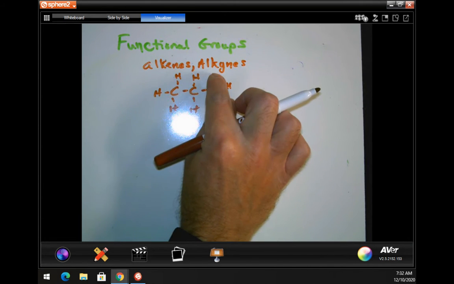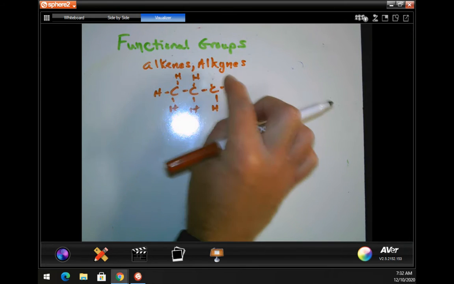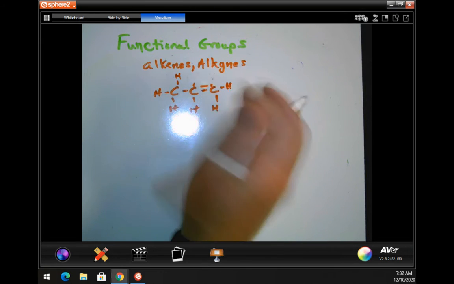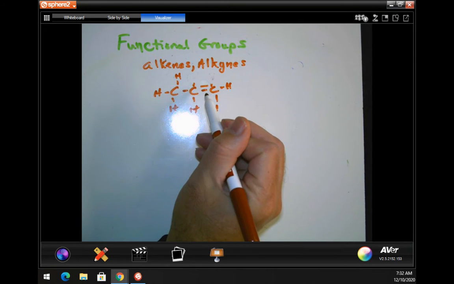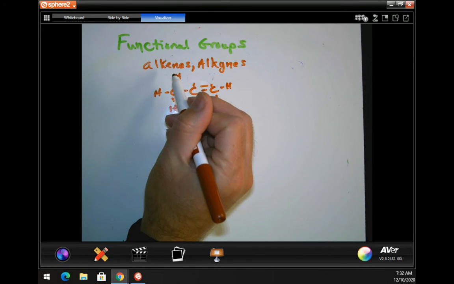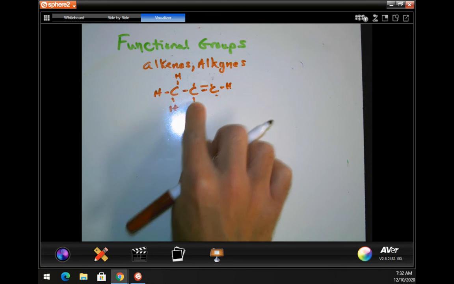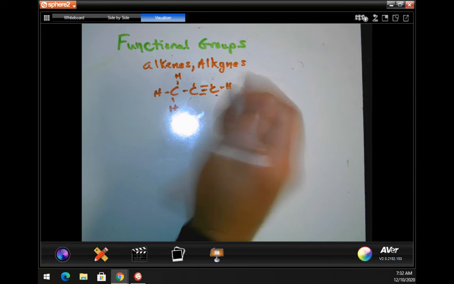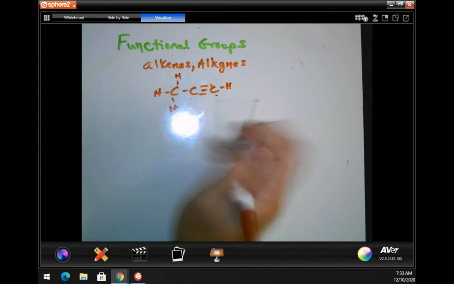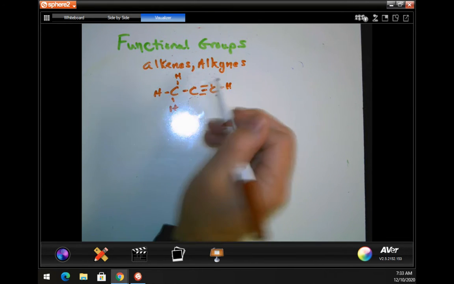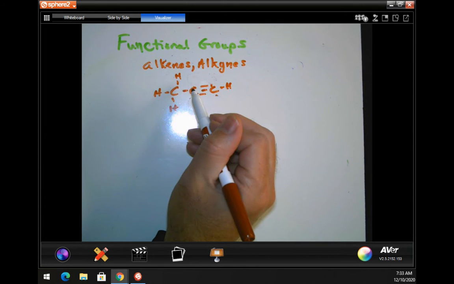So if we just remove this and remove this and use those electrons to form a double bond, well, that becomes an alkene, right? And if we remove this and this and form an alkyne, okay, so we functionally have changed what this is.